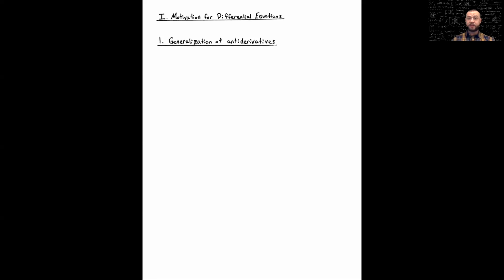One way to get to differential equations is by generalizing antiderivatives. So we're going to take the idea from Calc 2 that you learned about antiderivatives, and then see how with a modification, what we'll call a generalization, we get to differential equations.